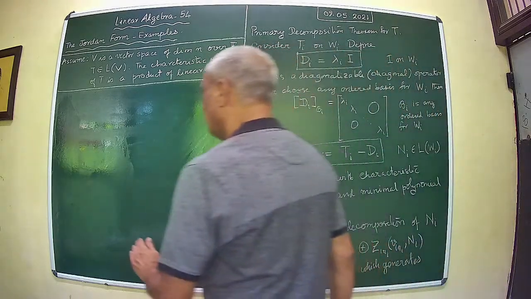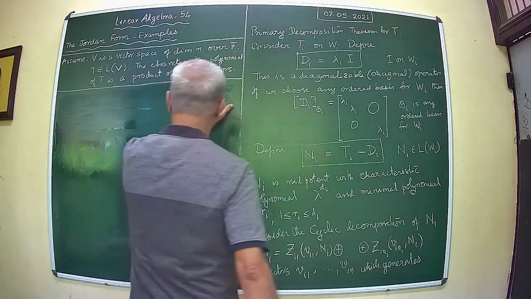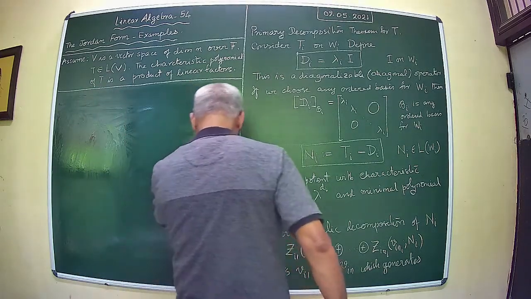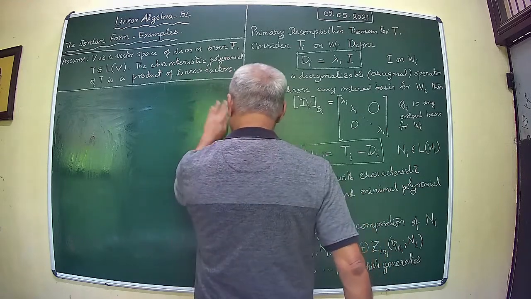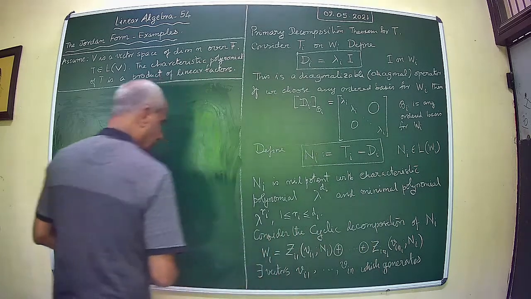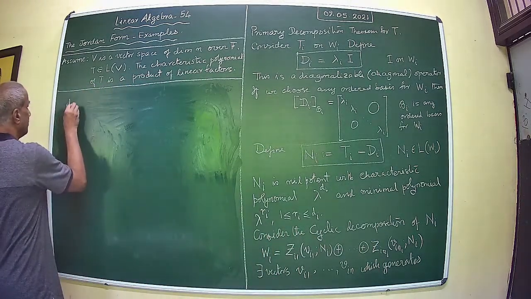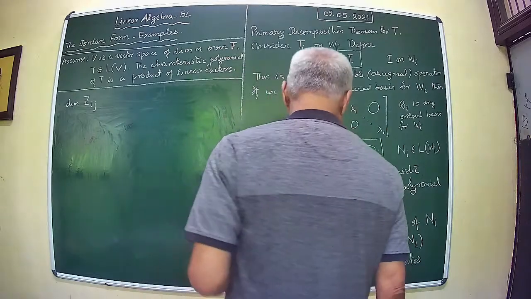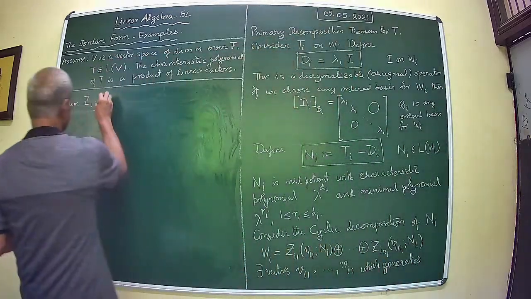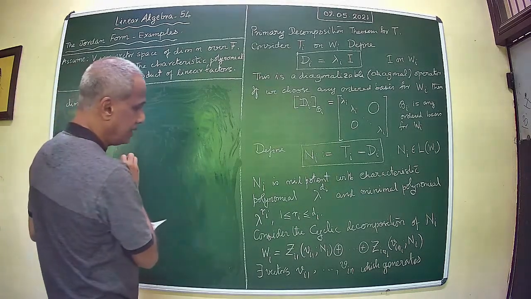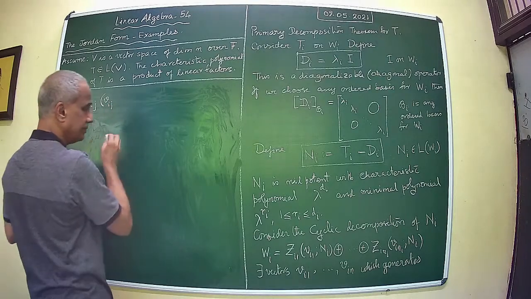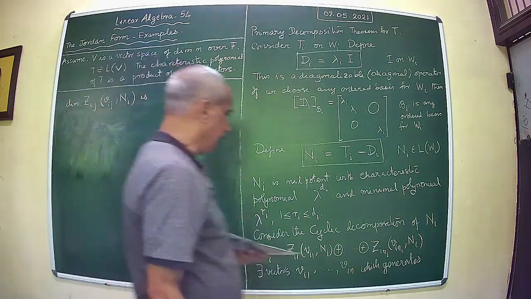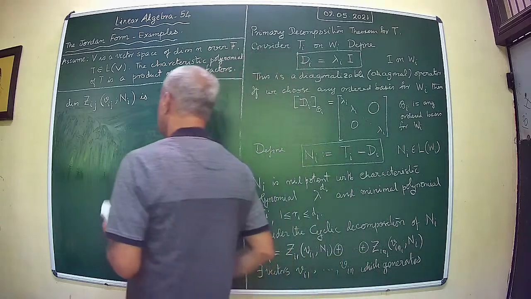From the cyclic decomposition theorem, from the knowledge of the minimal polynomial for Ni, we have the following information: the dimension of Zij, the Ni-cyclic space generated by vij, is given by Rij.